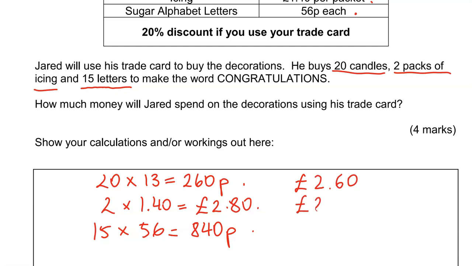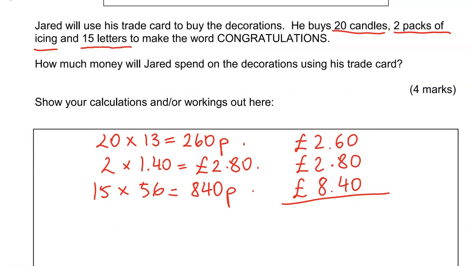Then we have £2.80 for the icing, and 840 pence, that is £8.40. So 0, 6 and 4 is 10, and the 8 is 18. So 8 down and 1 is carried over. 8 and 2 is 10, and the 2 12, and the 1 13.